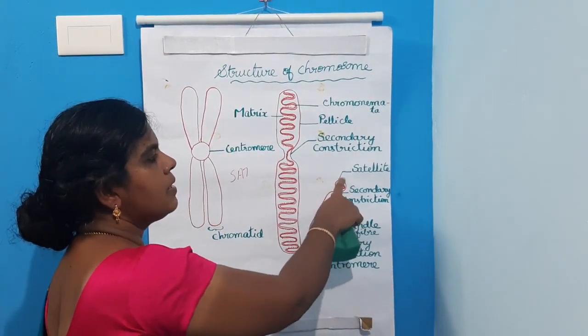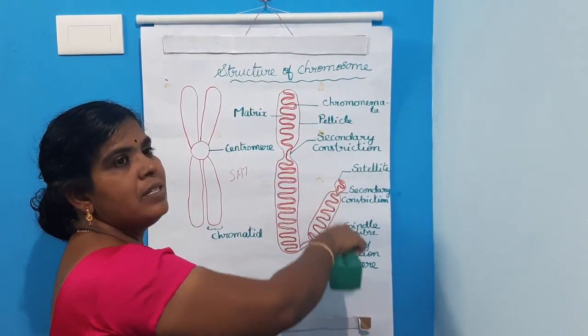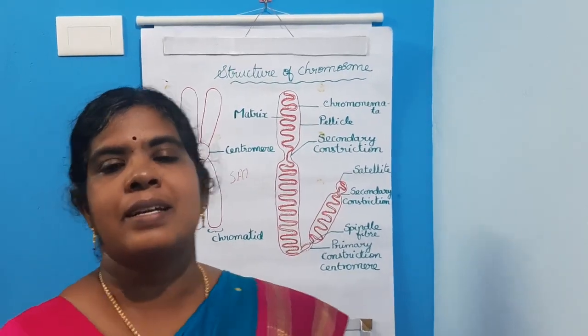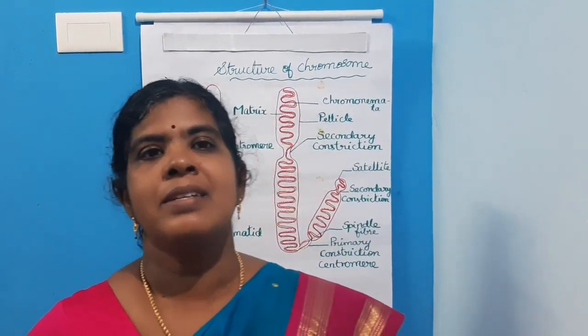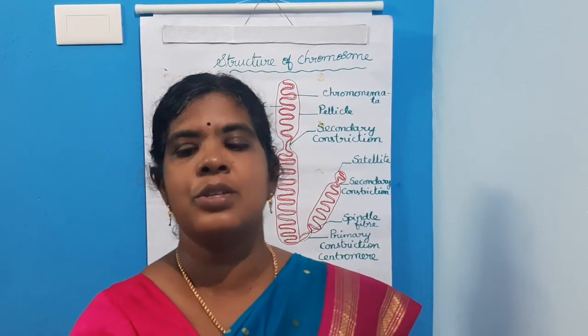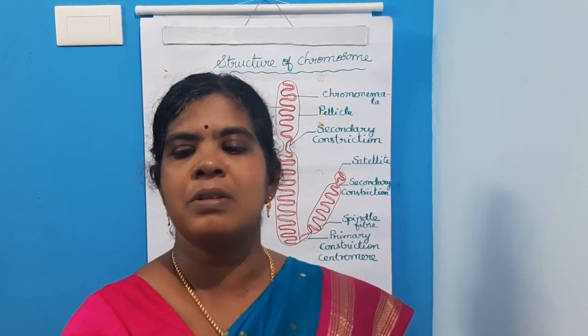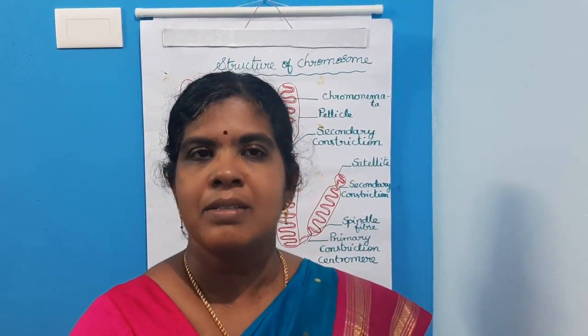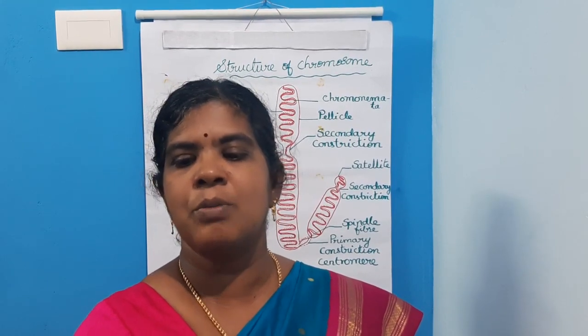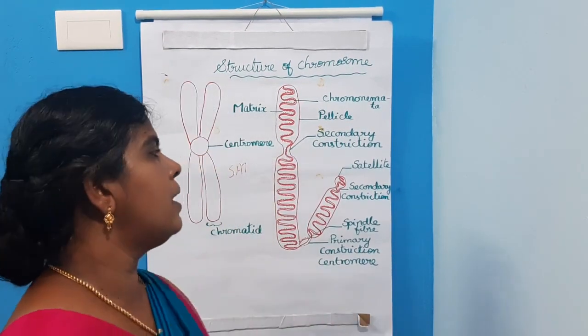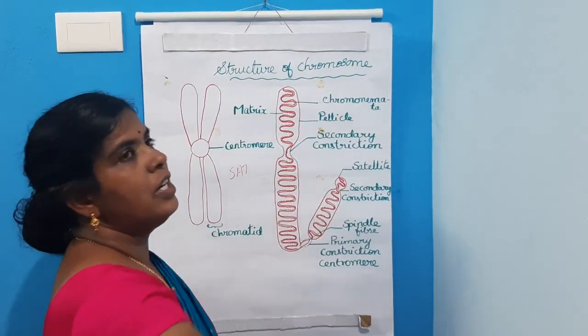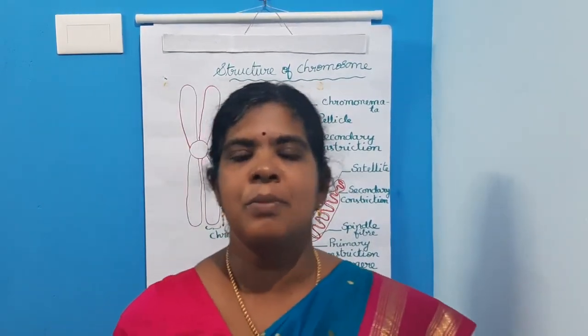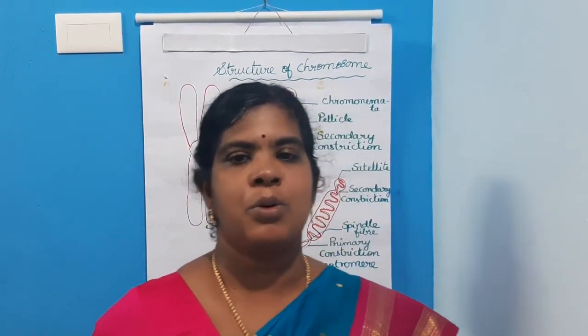Some of the chromosomes have knob-like appendages. That is called satellite. The chromosomes having satellites are called SAT chromosomes. These are elongated knob-like appendages found at the end of the chromosome. Telomere is the terminal part of the chromosome.